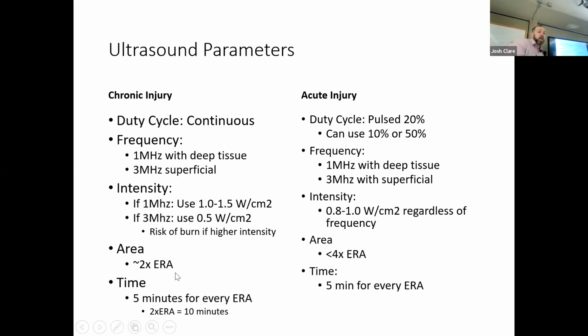The effective radiating area to get that thermal effect is 2 times ERA. The ERA is slightly smaller than the size of the head, so it's not quite, but we'll call it 2 times the size of the ultrasound head. So not a large area. There are different sizes of ultrasound heads, most of them are this standard size.